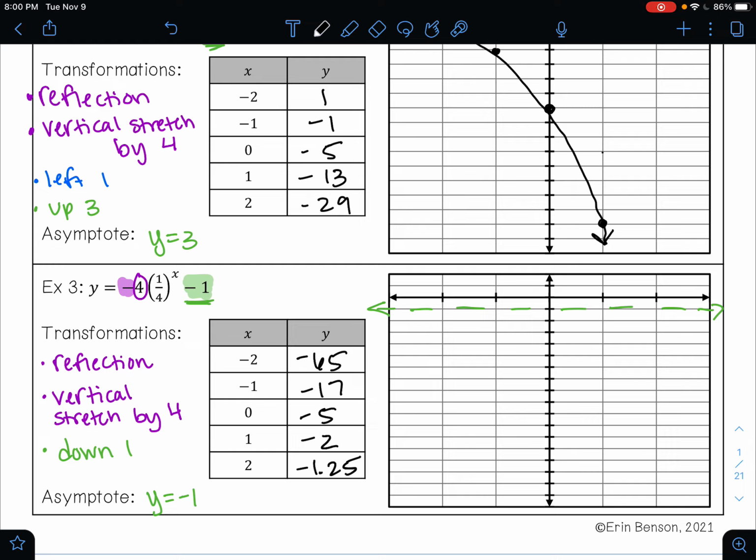Let's see. 1, 2, 3, 4, 5, 6, 7, 8, 9, 10, 11, 12, 13, 14, 15, 16, 17. And then 0, -5. 1, -2. And 2, -1.25. So this graph is going to look like this. Again, we get really close to our asymptote, but we do not cross or touch it.